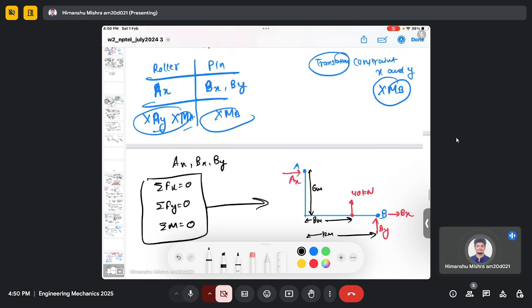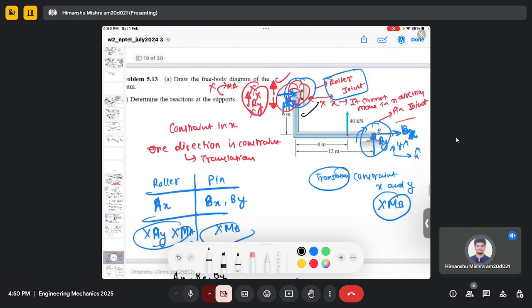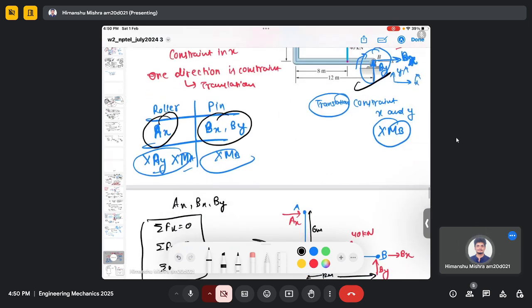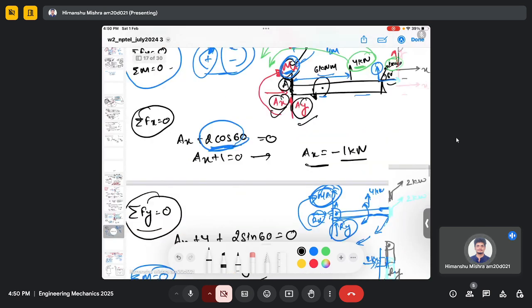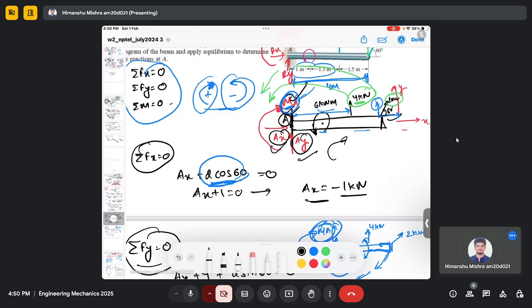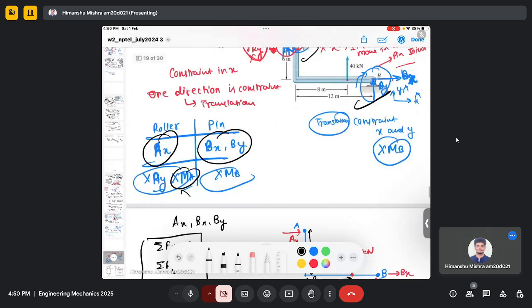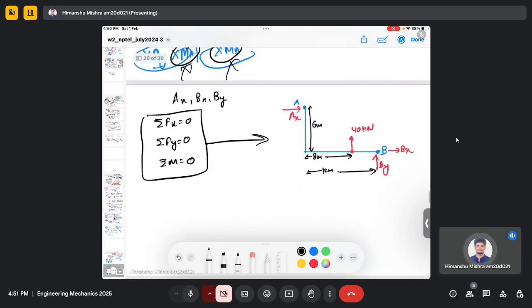From the given knowledge of roller joint and pin joint, we figure out which reaction forces are acting, or if there is a reaction moment acting or not. In the earlier question it was acting because for the fixed support there is a reaction moment at point A, but for roller and pin joint there is no reaction moment. So based on this information we made a free body diagram, and now our objective is to calculate these unknown forces.